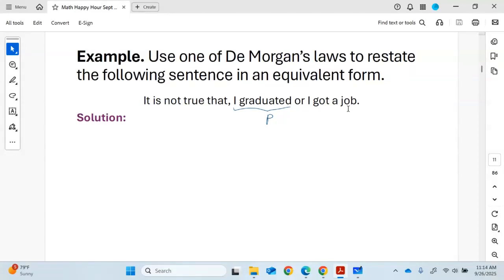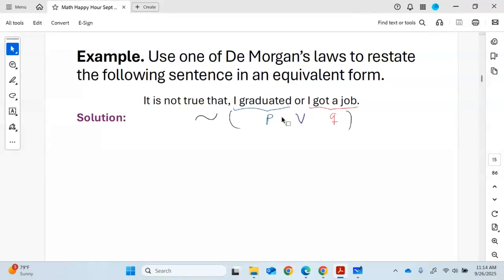My statement P is going to be I graduated. My statement Q is going to be I got a job. And I have the or preposition, which is the disjunction. And it is not true, that's just the negation symbol. So I put the parentheses because of the comma and then the negation symbol.